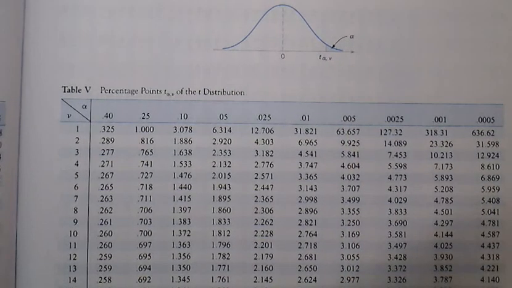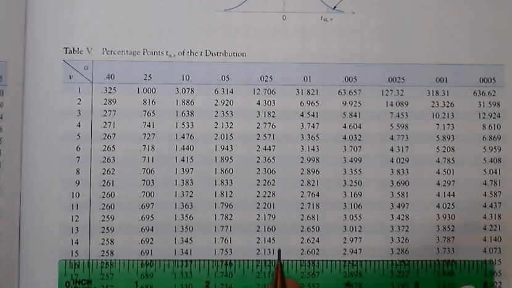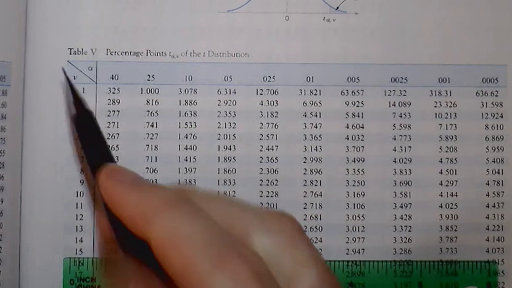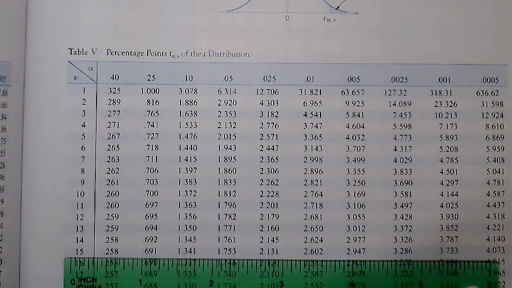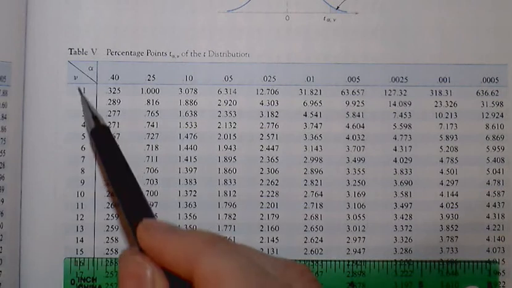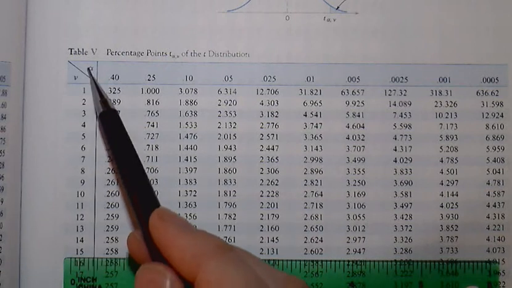Right? And this new thing is the degrees of freedom. Now, a lot of other tables will actually write that directly, and you might want to do that for your own use. Just write degrees of freedom right in that location. Okay, so our degrees of freedom are in the column at the far left. They actually represent rows. So there's our 15, and then here's our tail percentage.